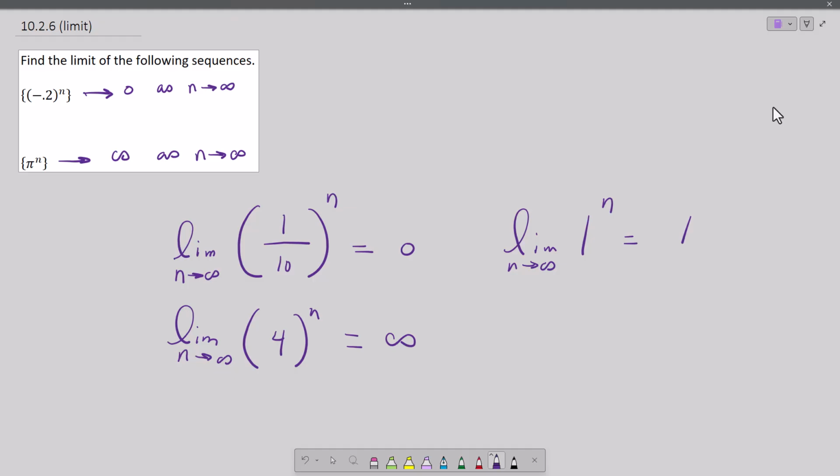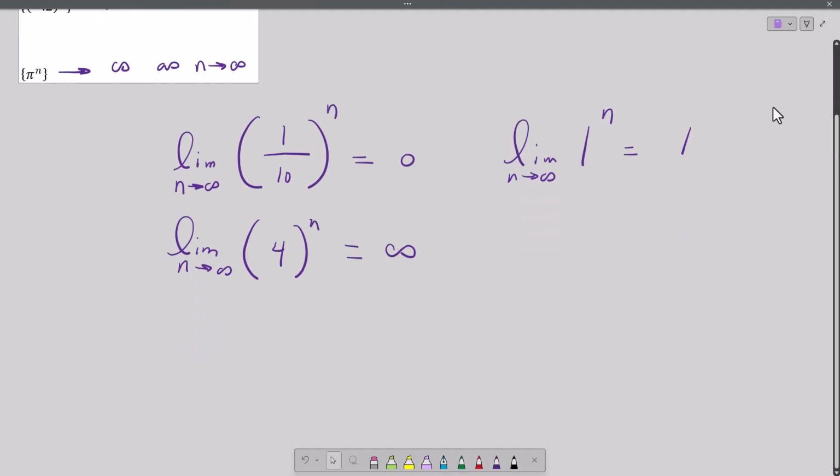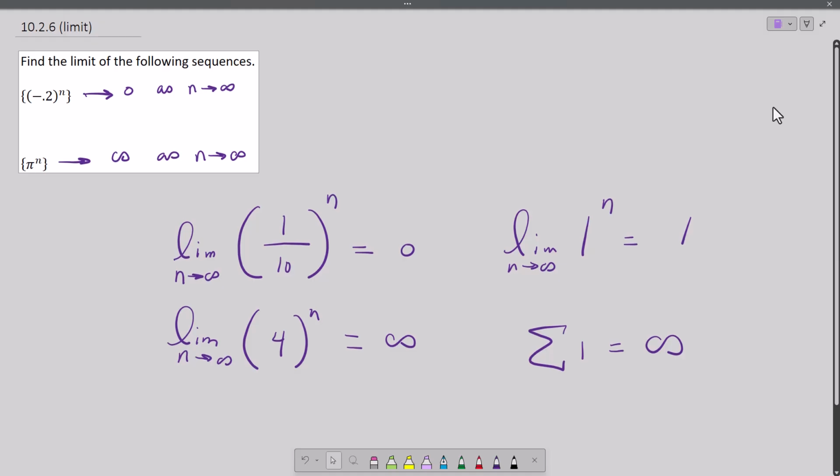Different than 1 plus 1 plus 1 plus 1 plus 1. If you turn that into a series, that is infinite, because that's adding 1 to itself a million times or more. So here we're saying that limit as n approaches infinity, 1 to the n is 1, but in the previous case we said 1 to the infinity is indeterminate.